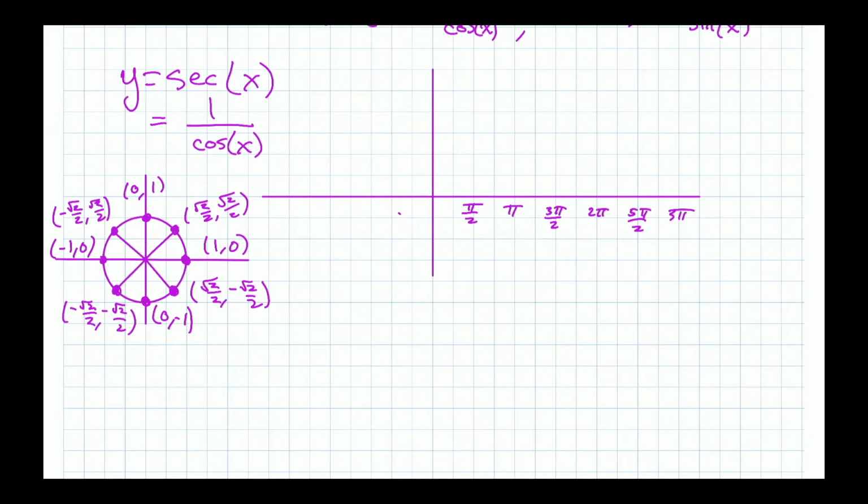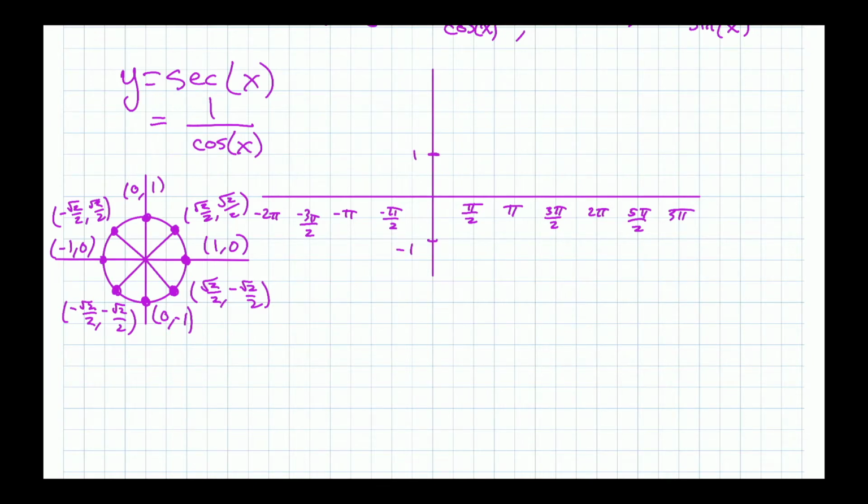And then the other way, skipping 2 boxes at a time, negative pi over 2, negative pi, negative 3 pi over 2, negative 2 pi. Okay, and so just plotting the cosine on here. This is going to be plotting the cosine, not the secant. So the cosine looks like this. I want this to be 1, and I want this to be minus 1.